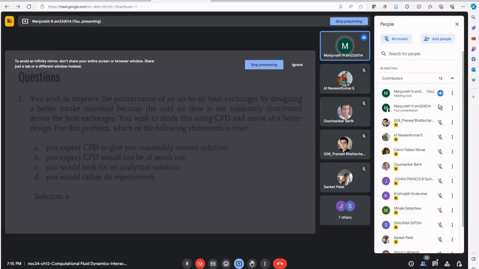Why is it called reasonably correct? Because I already told you CFD is an approximation, and we can also adjust the accuracy.